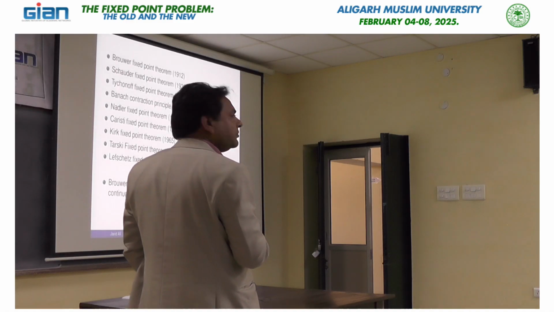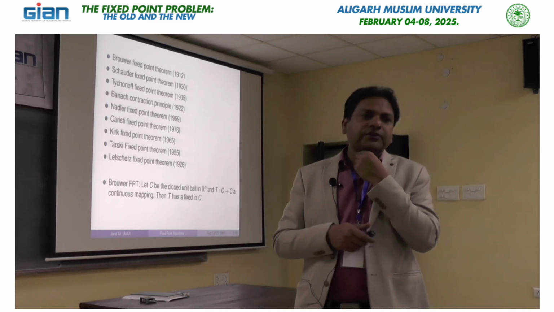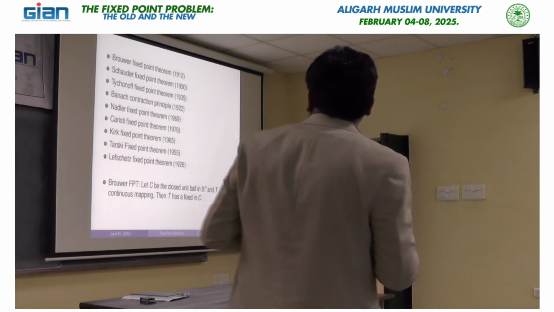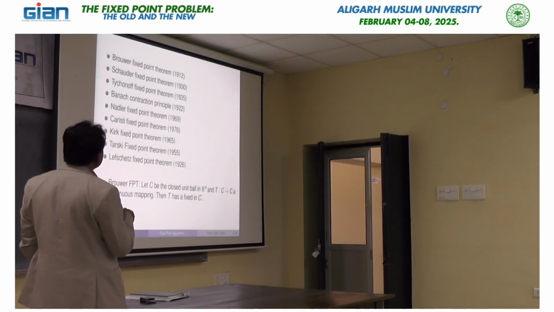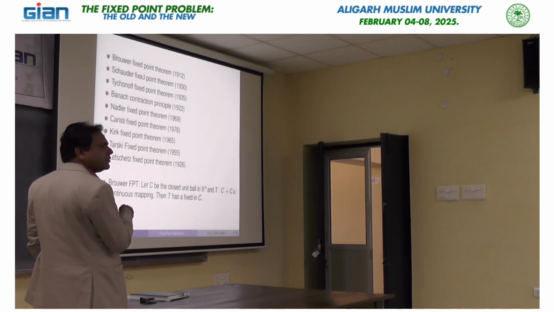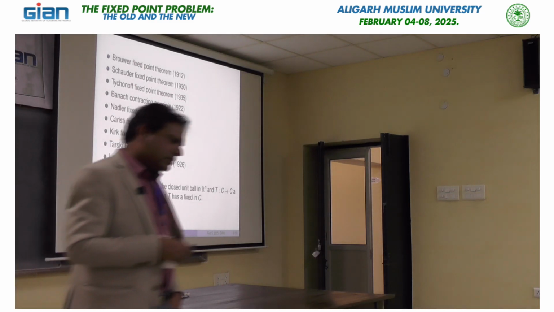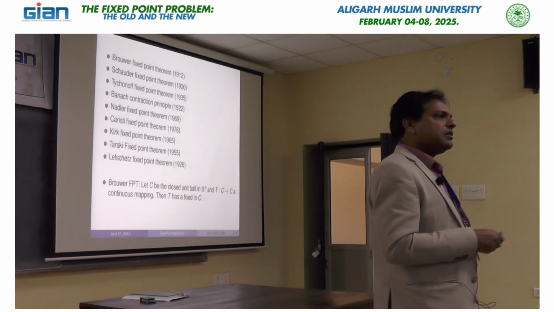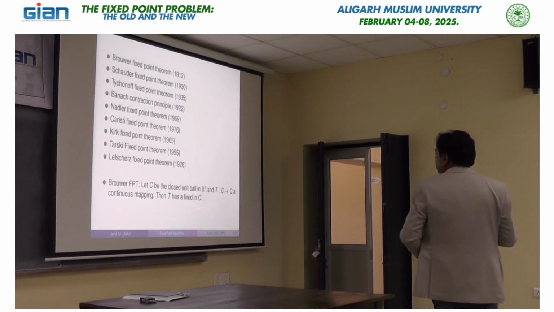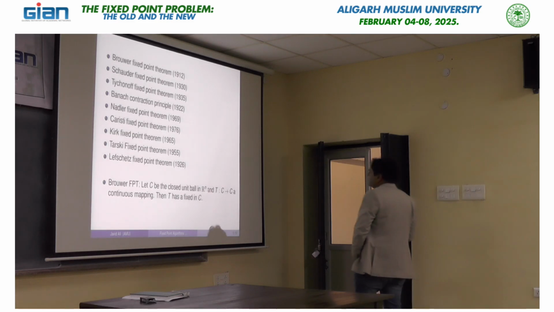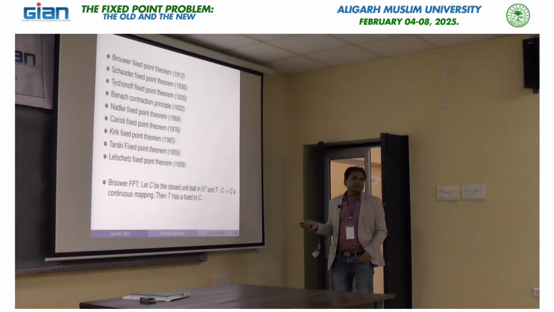These first three theorems belong to the first category, topological fixed point theorems. This is the first fundamental fixed point theorem in this direction, and later ones are extensions of the Brouwer fixed point theorem. So what is the Brouwer fixed point theorem? It says that if we have a continuous map defined on a closed unit ball in a Euclidean space, or a finite dimensional Banach space, then it has at least one fixed point.